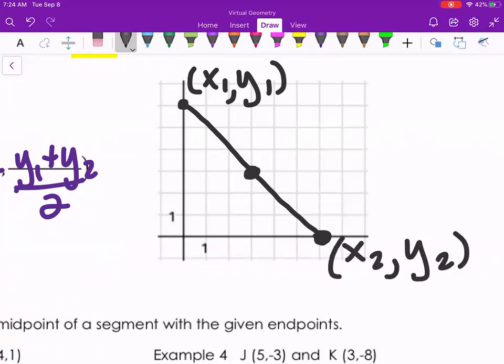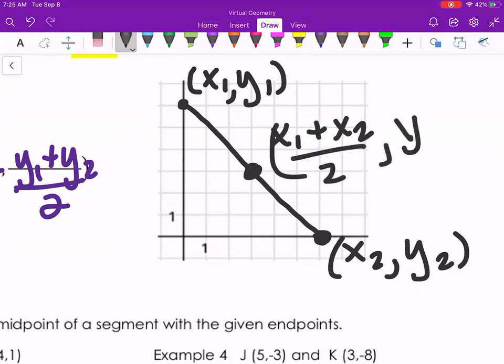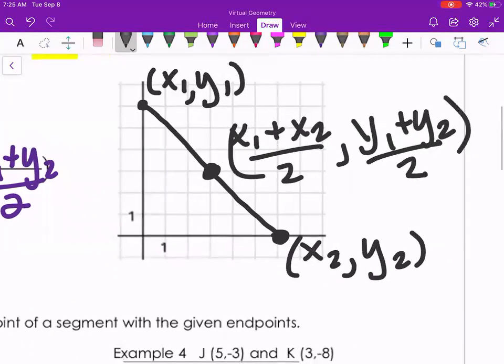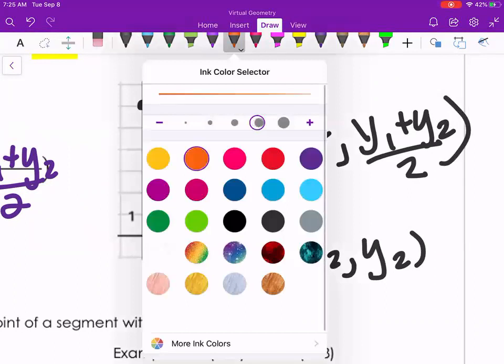The location in the middle, your midpoint, is x1 plus x2 divided by 2, and we do the same thing again to the y's: y1 plus y2, divided by 2. And so there is our midpoint.